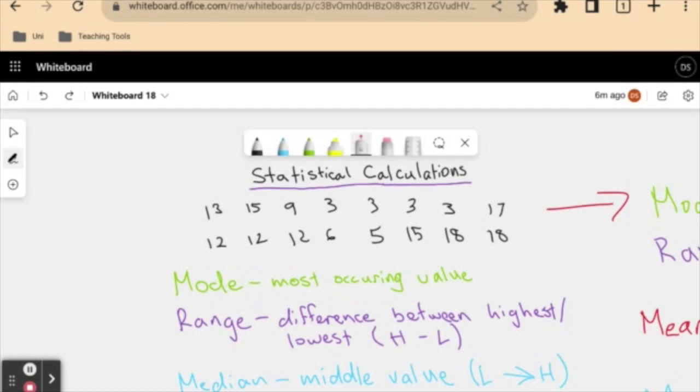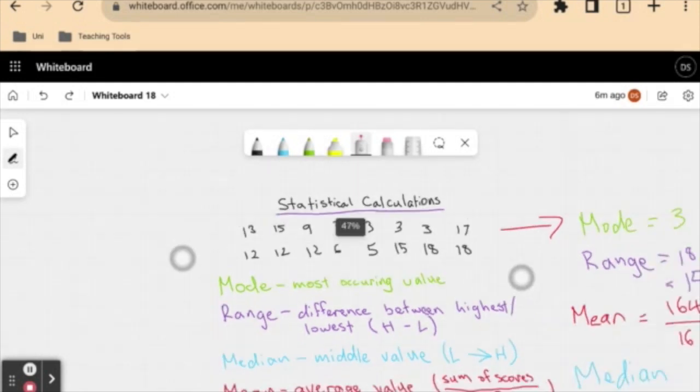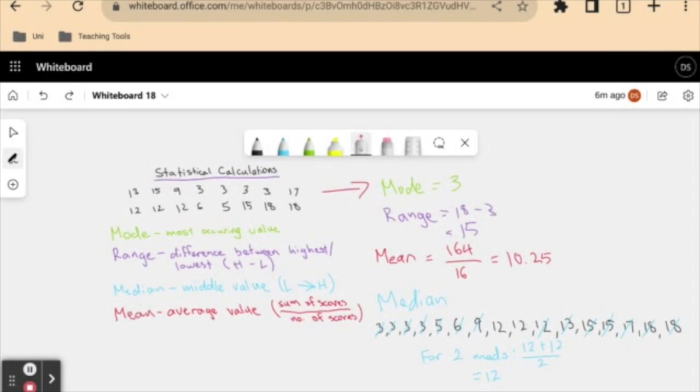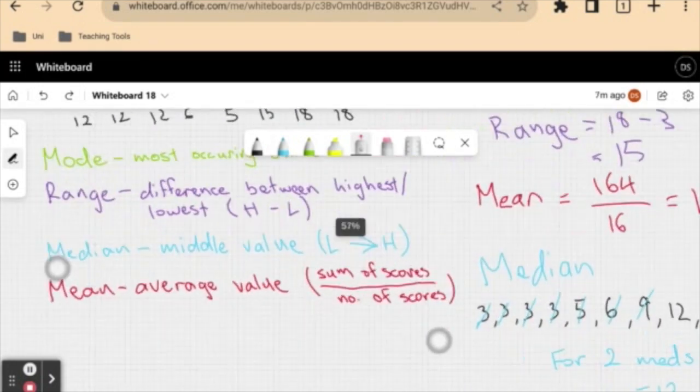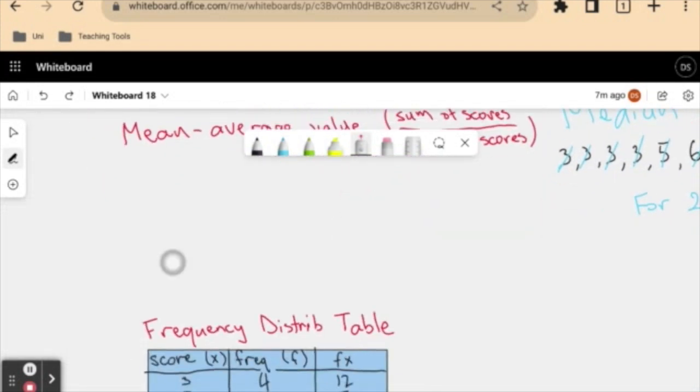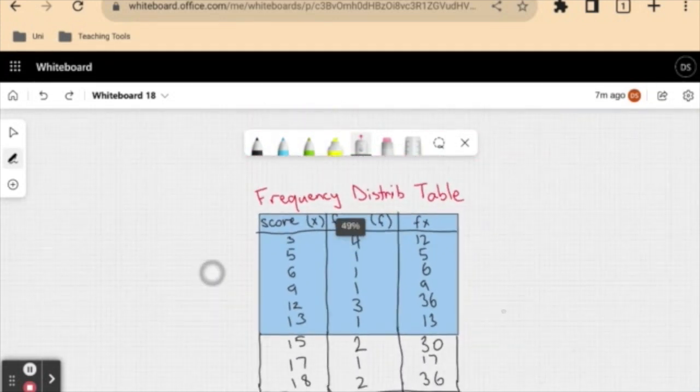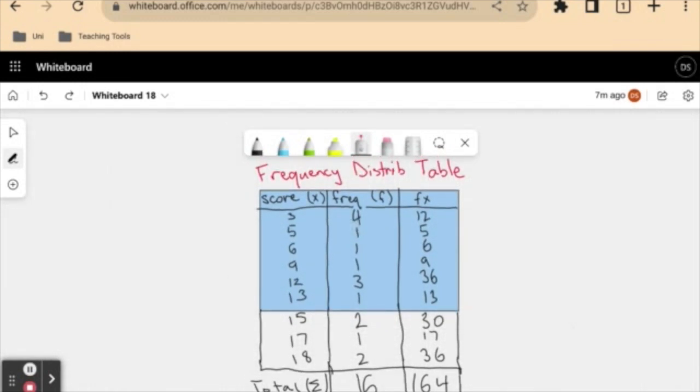But what I'm going to do now, we have what we did before, have all our calculations. That's cool. We have a point of reference. And I'm going to scroll down to a frequency distribution table I've made for these values here.